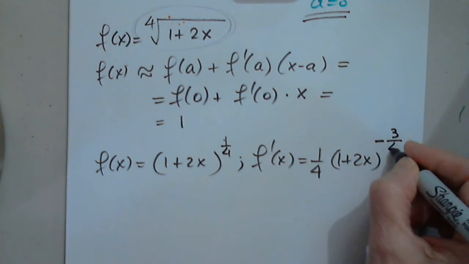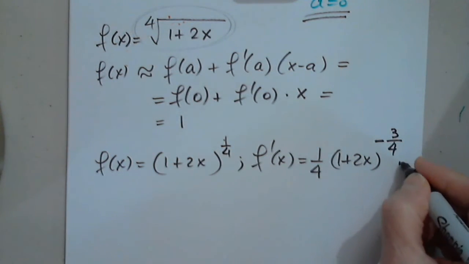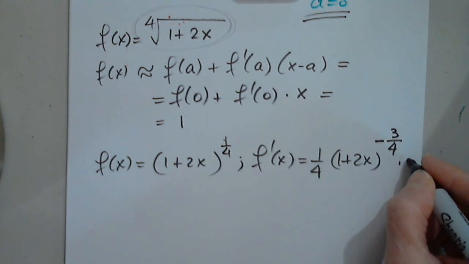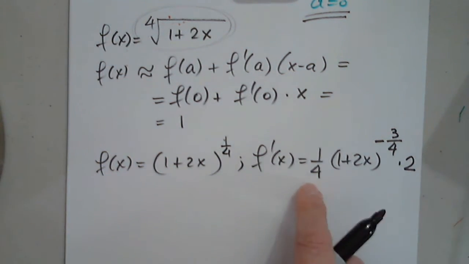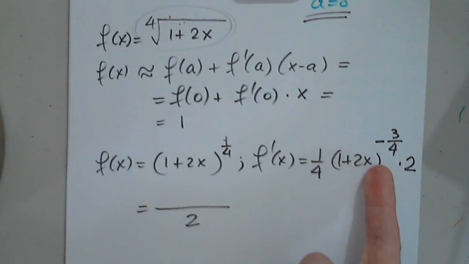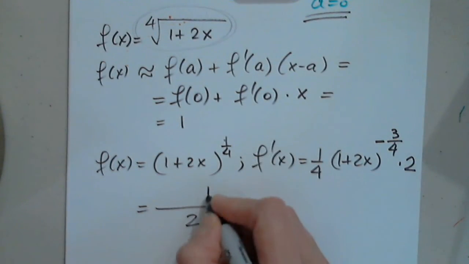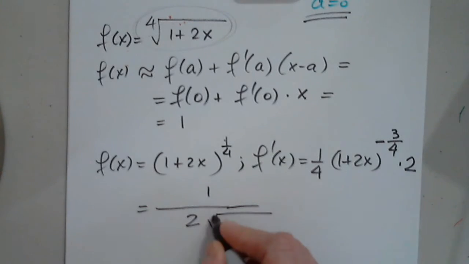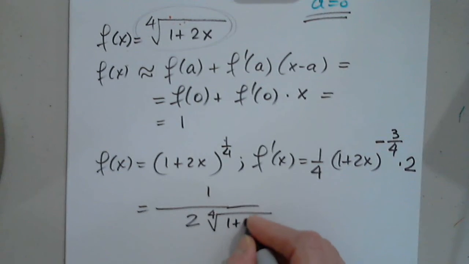Negative 3/4. Excellent. Times the inner function prime, which is 2. So 2 divided by 4, so I will have 2 in the denominator. And this can go to the denominator as well as the fourth root of 1 plus 2x to the third power.